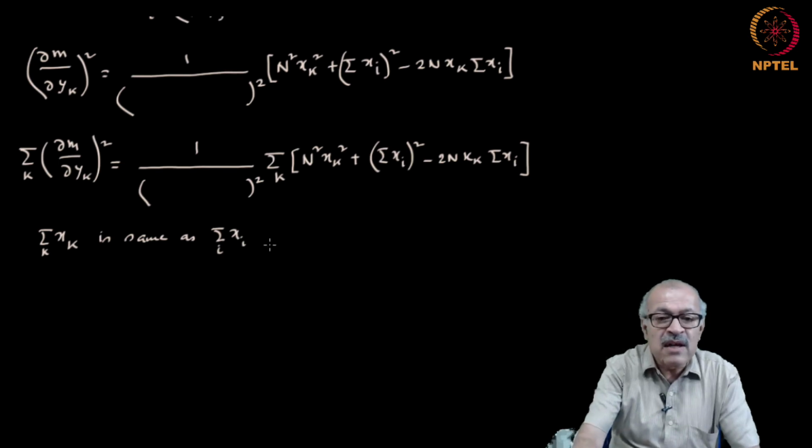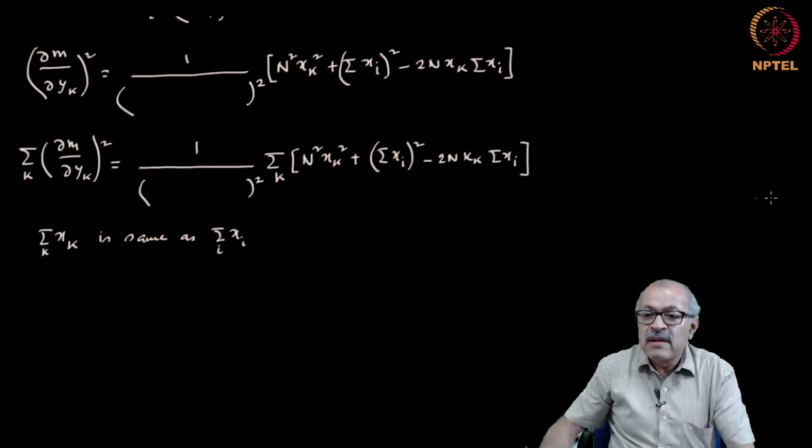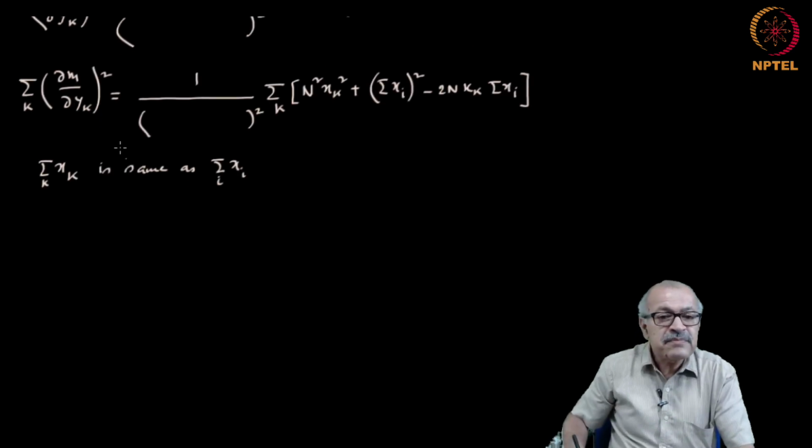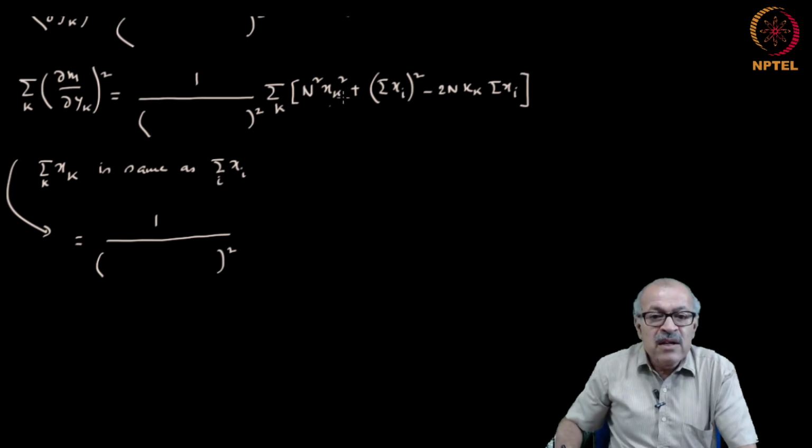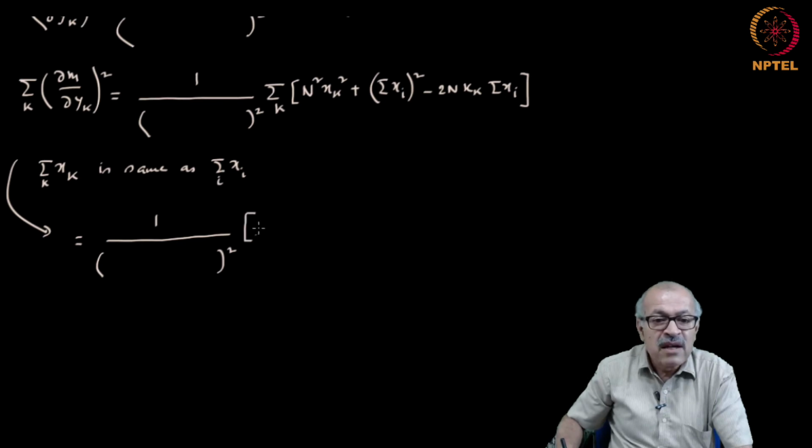So we can proceed by expressing this as follows. I'll keep the denominator as it is, 1 by this square. In the numerator, I'll change k to i: it is n square times the sum over xi square.